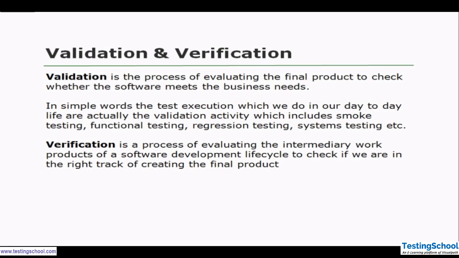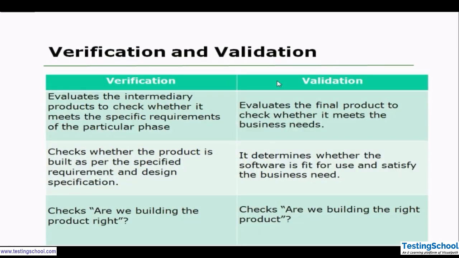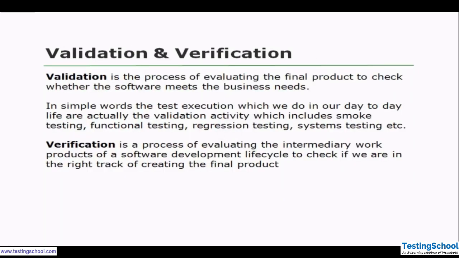In simple terms, what we do in our day-to-day life is actually the validation activity, which includes smoke testing, functional testing, regression testing, and system testing. So validation testing verifies if the product that is created is meeting the expectation.